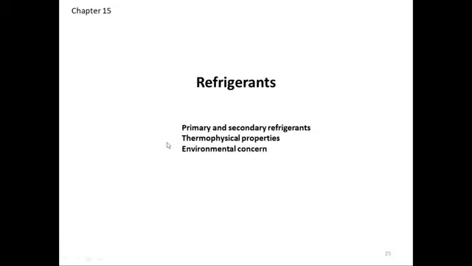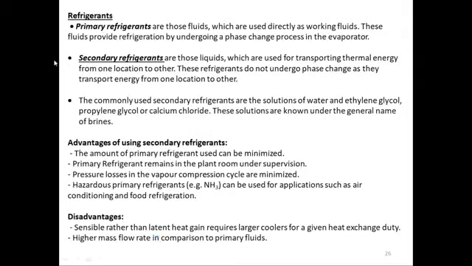So this is refrigerants, primary and secondary refrigerants, thermophysical properties, environmental concern, etc. Primary refrigerants are those fluids which are used directly as working fluids. These fluids provide refrigeration by undergoing a phase change process in the evaporator.